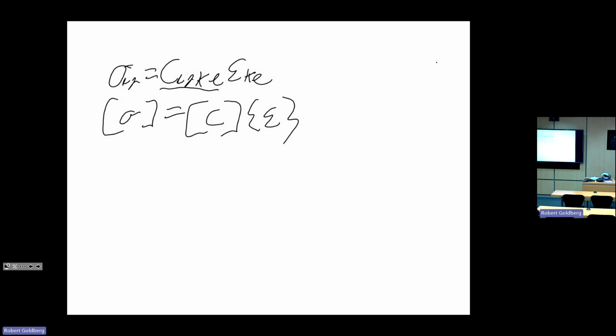The version of this that you're familiar with is just the unidirectional version of Hooke's law, that the stress is equal to the modulus times the strain.